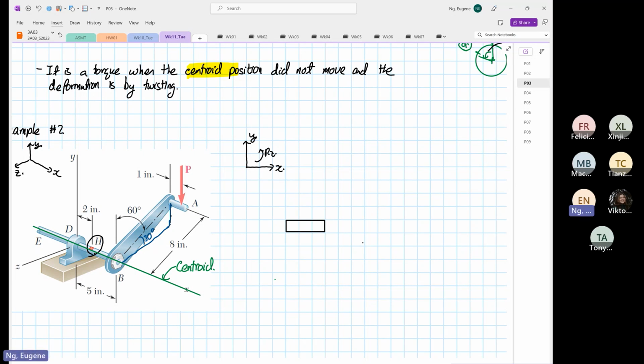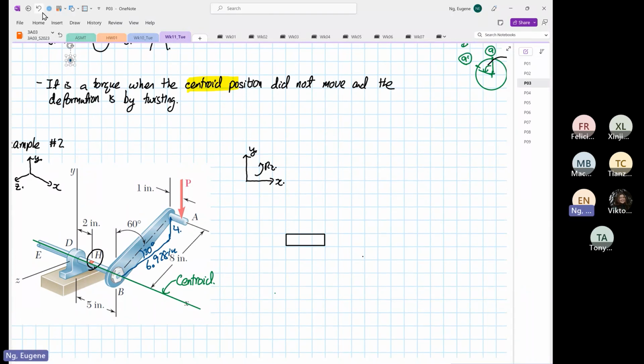This is 4. This is 6.928. I'm going to draw 4.